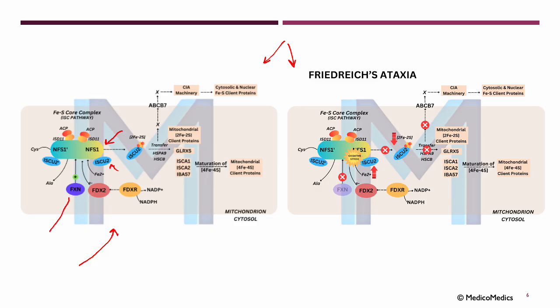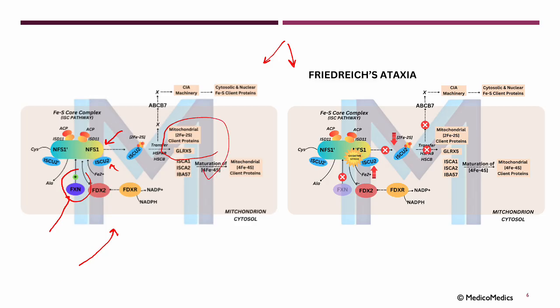Now, what does frataxin do? Seen here, frataxin plays an important role in regulating this process and ensuring that the clusters are properly formed. Now, once these clusters have been built, they are then transferred by the ISU2 to GLRX5, seen here.